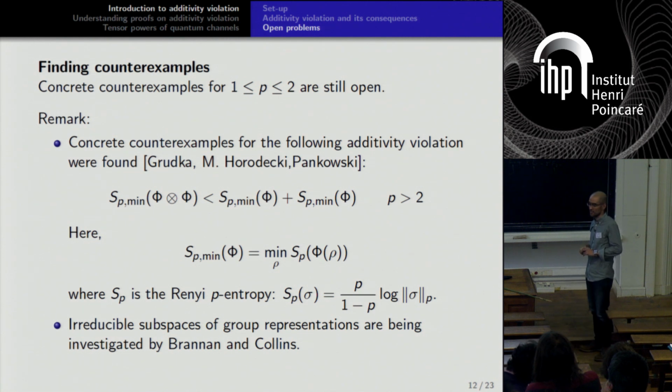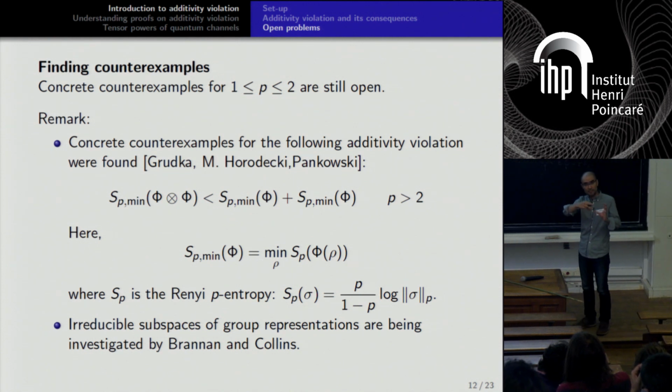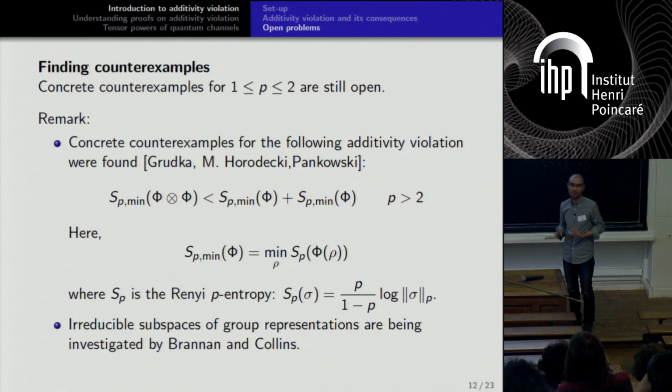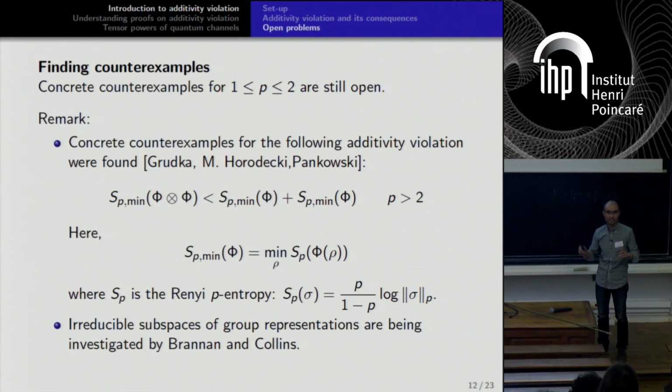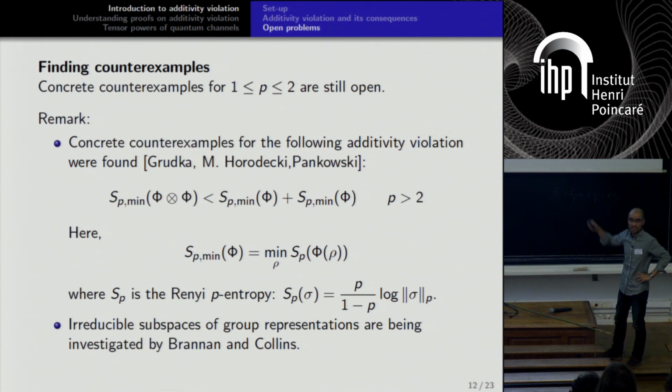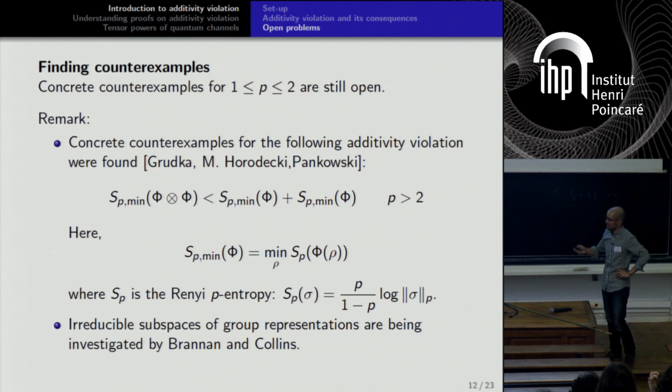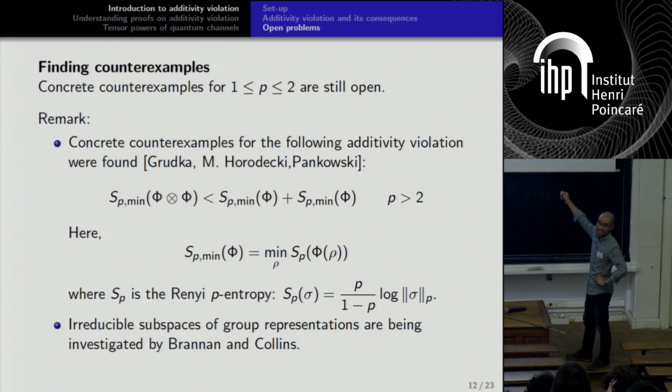As I mentioned, a quantum channel embeds the input space into a larger space, which is a bipartite system. So in a sense, a quantum channel can be identified with a subspace of a bipartite system. Here we take two spaces, and then we fix some subspace to fix the quantum channel. They chose this subspace to be the symmetric subspace, and this quantum channel gives the additivity violation for p strictly larger than 2.